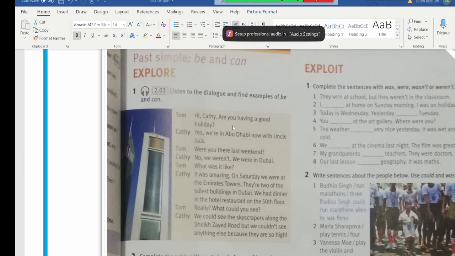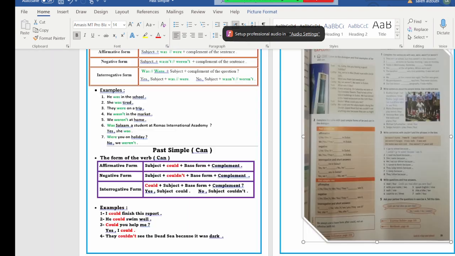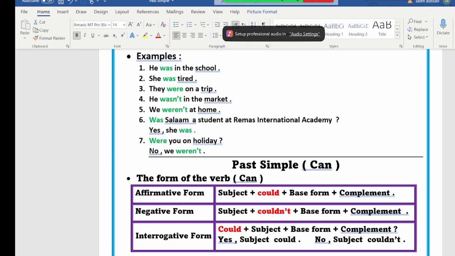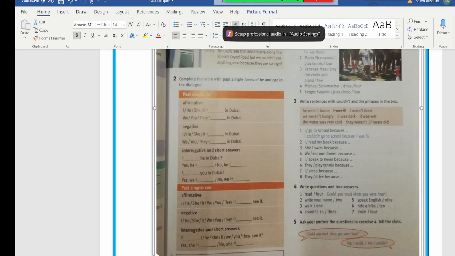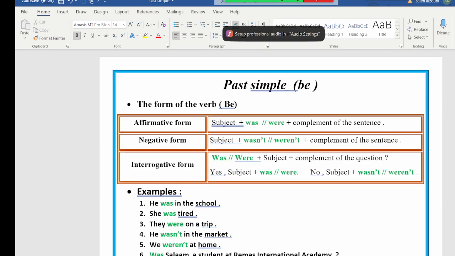Done with it? Okay. Before we start with the question, exercise number 2, let's move to the summary that I have finished. Past simple with the verb be. The form of the verb be in the past simple: affirmative form, negative form, interrogative form.